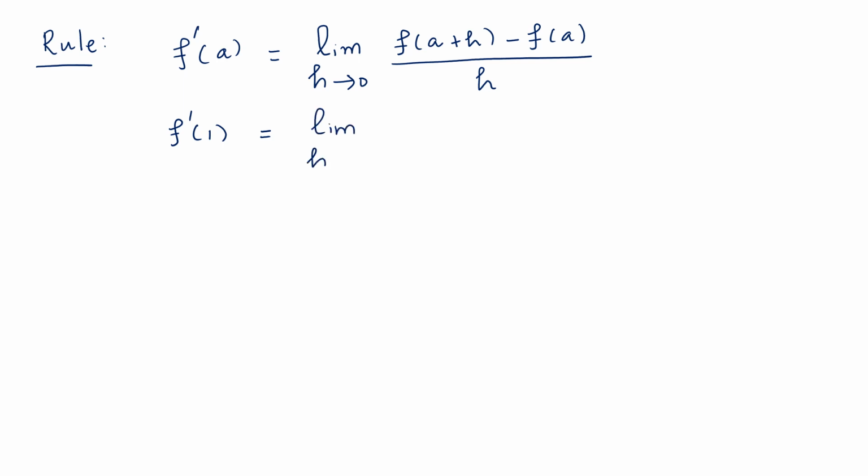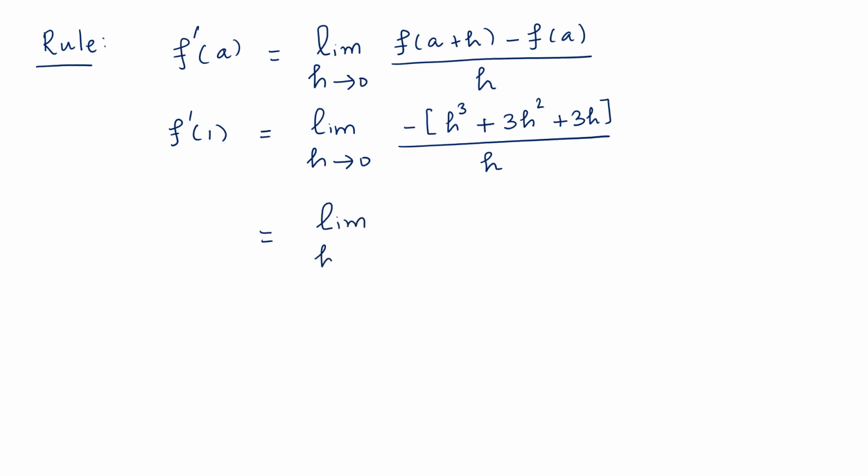Limit h tends to 0. What is the numerator? Earlier we found minus h cube minus 3h square minus 3h over h. So in the numerator you have to see, h is available in all the terms. It is common, so we can take it outside the bracket.